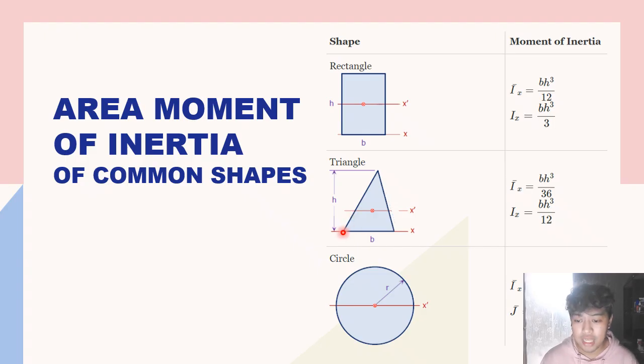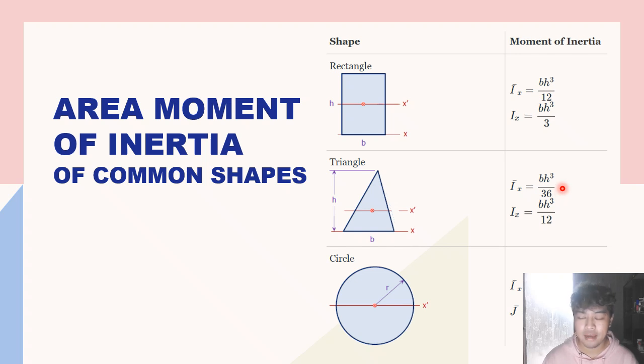So we could not use this one as the height, because again, by definition, h should be a perpendicular height to your base. If this is your base, you have the perpendicular, so the height of the triangle is going to be h. So we have there bh cubed over 36.